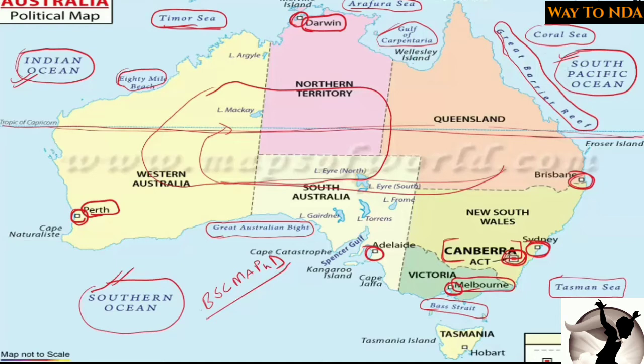B is for Brisbane, S for Sydney, C for Canberra, M for Melbourne, A for Adelaide, PH for Perth, and D for Darwin. So BSc, MA, PhD. Okay, BSc, MA, PhD. This is the short form to remember the cities of Australia in a clockwise direction.